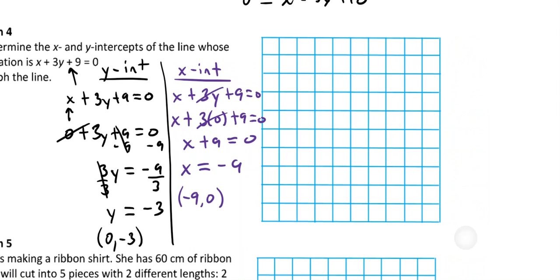Now, if we're going to graph this line, we should make our axes in the right place, right? If my x-intercept is going to be at negative 9, I definitely have to leave enough room on this side. So I'm going to want my Cartesian plane to be, I don't know, even over here.